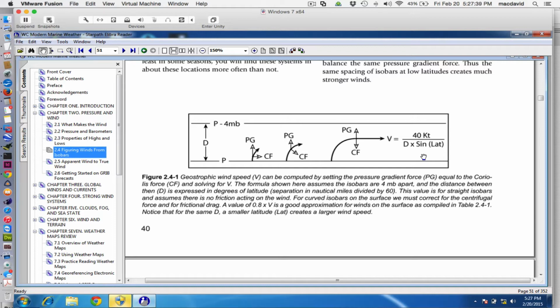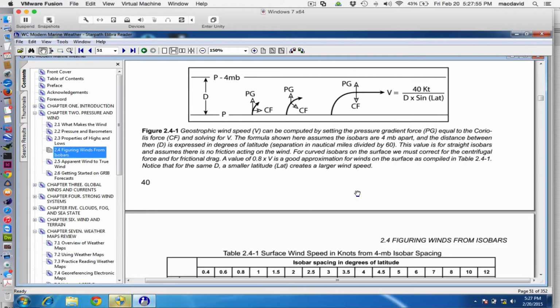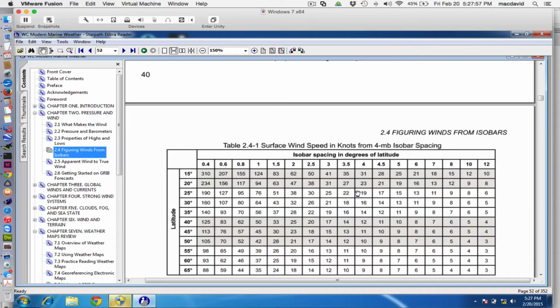Again, that number depends on the roughness of the surface and the stability of the air. But all in all, as an average for the ocean, we have found that 0.8 is a better value for doing this. You're not going to be right all the time, of course, because there are a lot of variables involved.